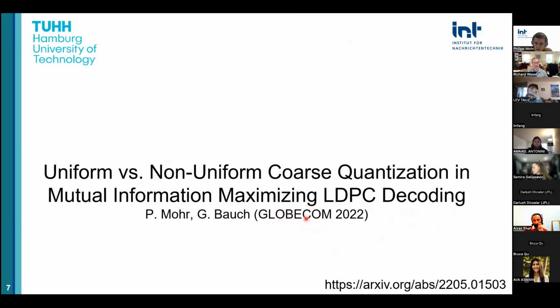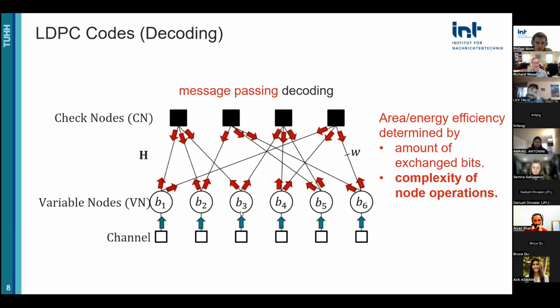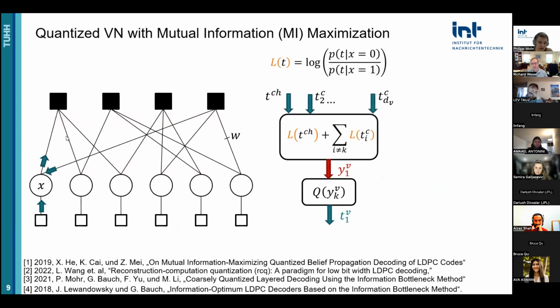At first, we will look at the variable node update within this Tanner graph here. So a quantized mutual information maximization update can be performed the following way. For example, we receive here an extrinsic message from a check node and a quantized message from the channel.